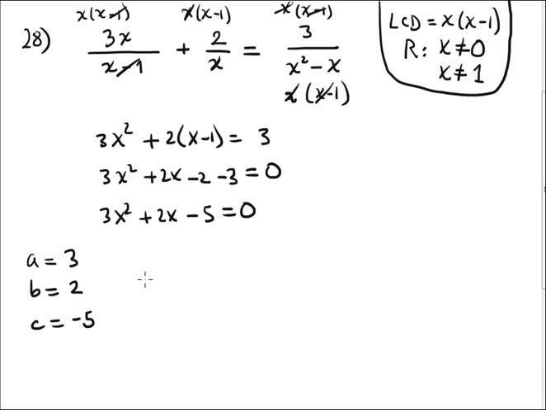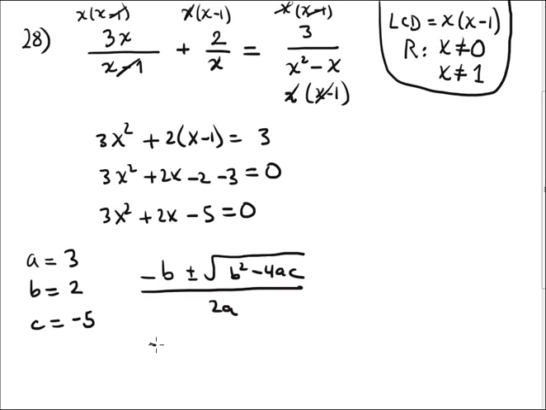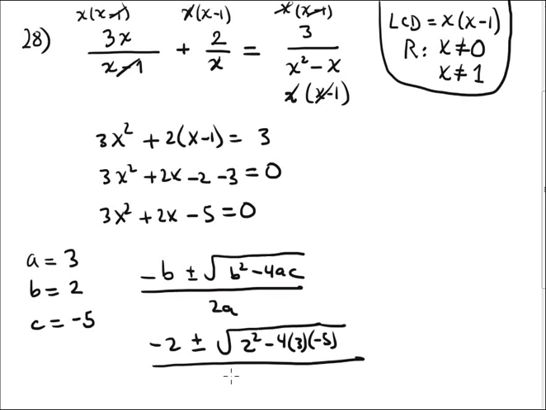The quadratic formula is minus b plus or minus square root of b squared minus 4ac, divided by 2a. Just plugging it into the formula. This is minus 2 plus or minus square root of 2 squared minus 4 times 3 times -5, over 2 times 3, which is 6.